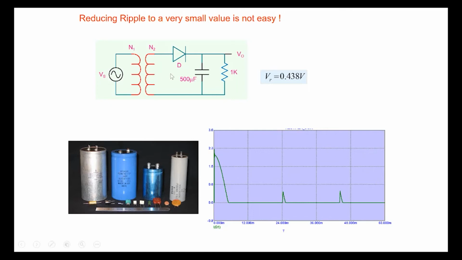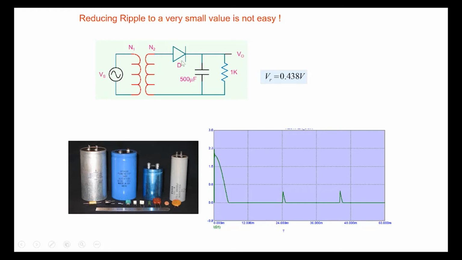And the other thing, capacitors become large as you try to reduce ripple to a small value. The other problem is that as you make the capacitor large, as we saw in the last lecture, the diode is on for a very short period of time. In that short period of time, the diode has to supply all the charge that the capacitor lost to the load.